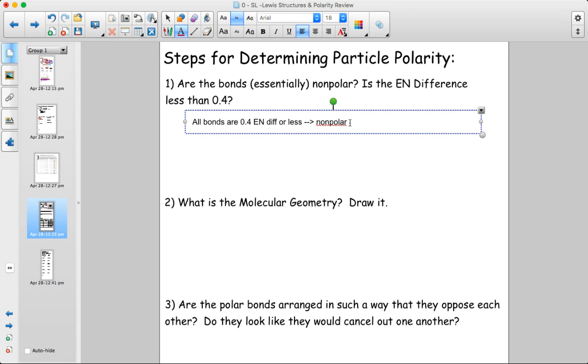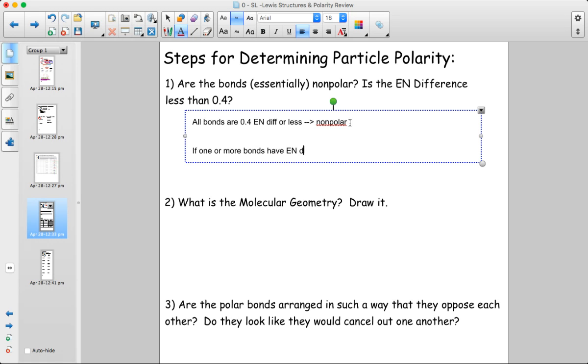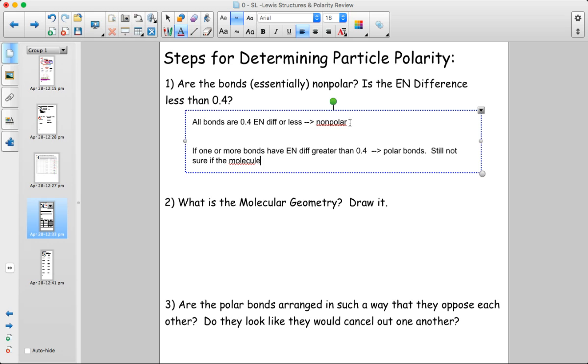So that's one guiding way to assess polarity. If one or more bonds have an electronegativity difference greater than 0.4, now you have polar bonds. Still not sure if the molecule or ion is polar yet. So the first step is figuring out, do you have polar bonds, do you have nonpolar bonds?